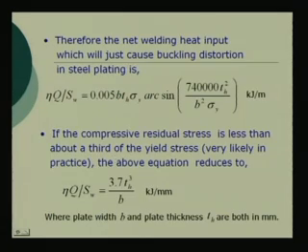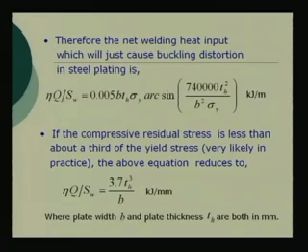Like here it has been further simplified. Why? Because here we are mentioning that if the compressive residual stress is less than about 1/3 of the yield stress, which generally happens, because what we are trying to do is find very simple numerical tools which can be easily implemented and checked for a quick check before finalizing the welding procedure.